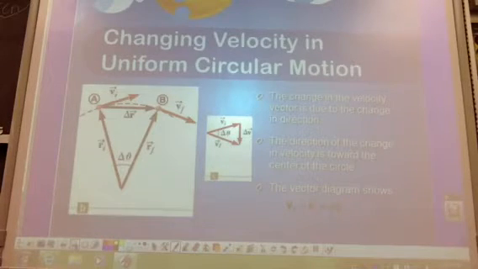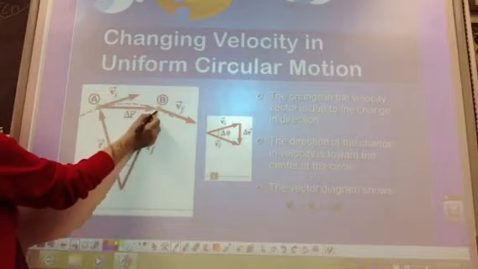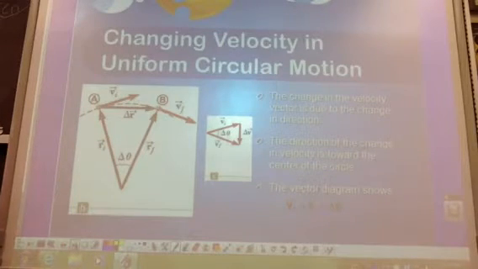The change in our velocity vector is going to be due to the change in direction. So we already said that. The direction of the change in velocity is going to be towards the center of the circle. So our direction of change in velocity will always be towards the center of the circle. In this, we have a particle that's moving from point A to point B on a circular path.